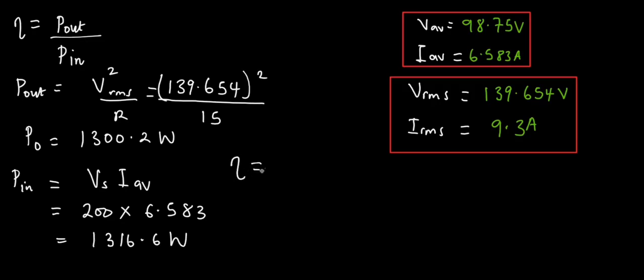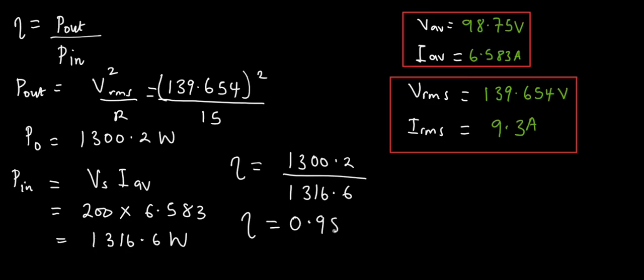So efficiency now equals P out, 1300.2 over 1316.6, and efficiency will be equal to 0.9875 multiplied by 100%. So we have efficiency is 98.75%.